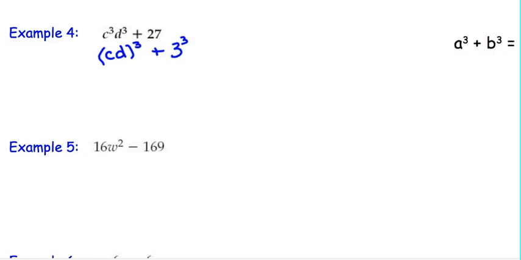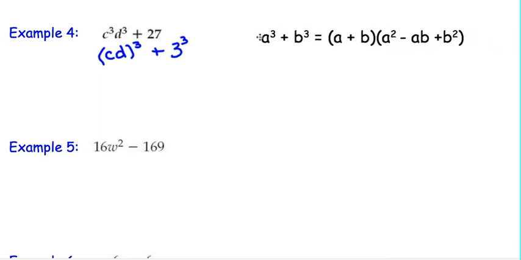So I need to use this formula that I have copied down from above. In this example, my A is going to be replaced by CD and my B is going to be replaced by 3. So I need to start by making 2 sets of parentheses.